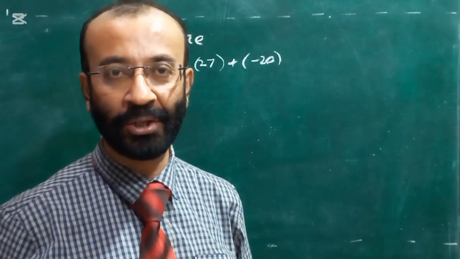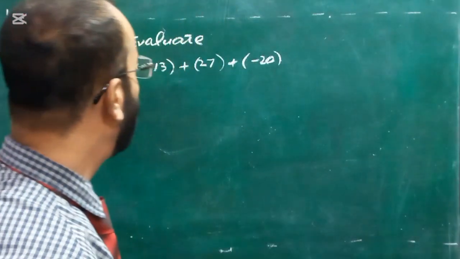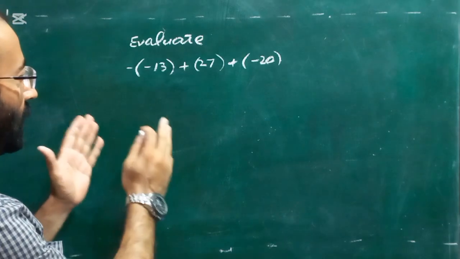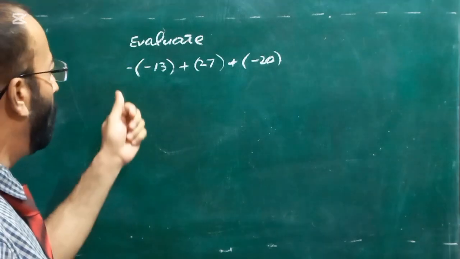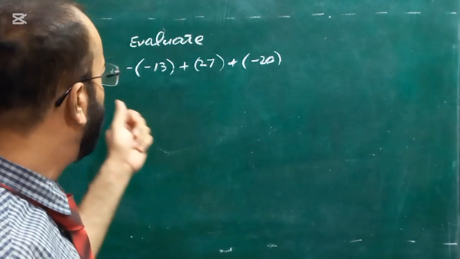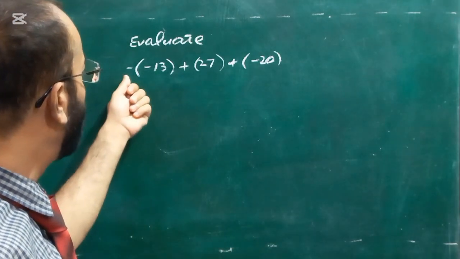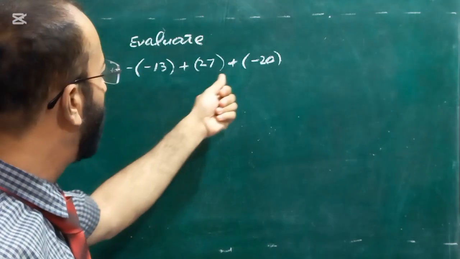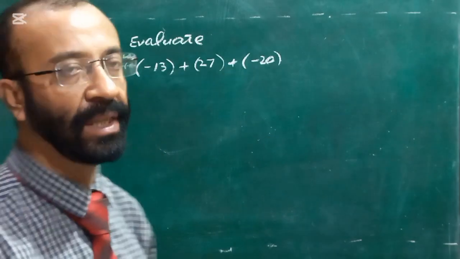Here is another question from the topic real numbers. The requirement is to evaluate. Here, more than one sign is coming and these are multiplying with each other. For example, minus minus are multiplying and plus minus signs are multiplying with each other.